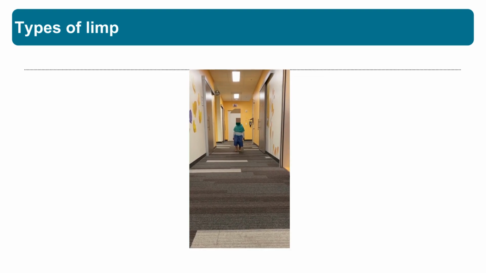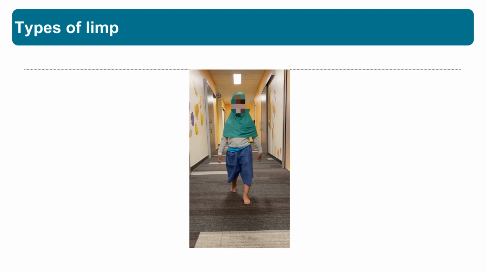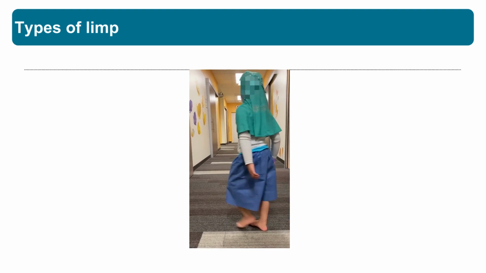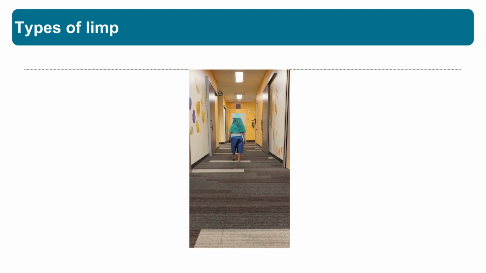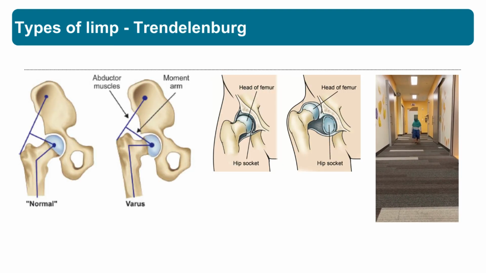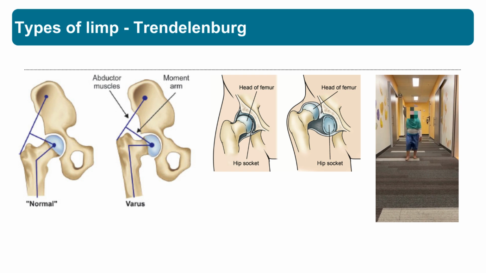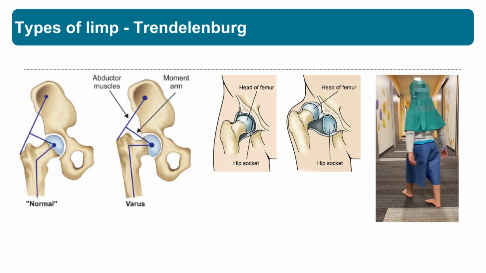When you look at this patient who's walking up and down the hallway, another different type of limp that we have to consider is one that involves shoulder sway and kind of this waddle to their hips. If you take a peek at their shoulders and you notice how their shoulders are swaying side to side, you can see that this is what's called a Trendelenburg gait. Trendelenburg gaits are classically simply that the abductor musculature of the hips doesn't have an appropriate lever arm strength.